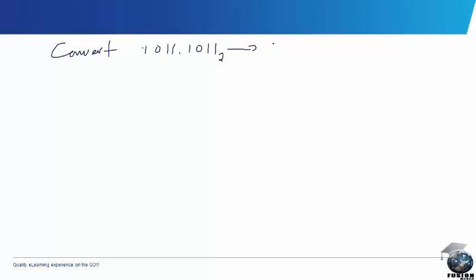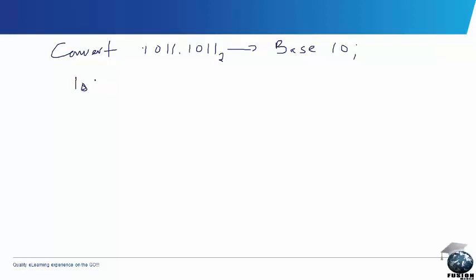This is in base 2, convert to base 10. The method of numbering does not differ. Using the first method, we can number giving superscripts as well.